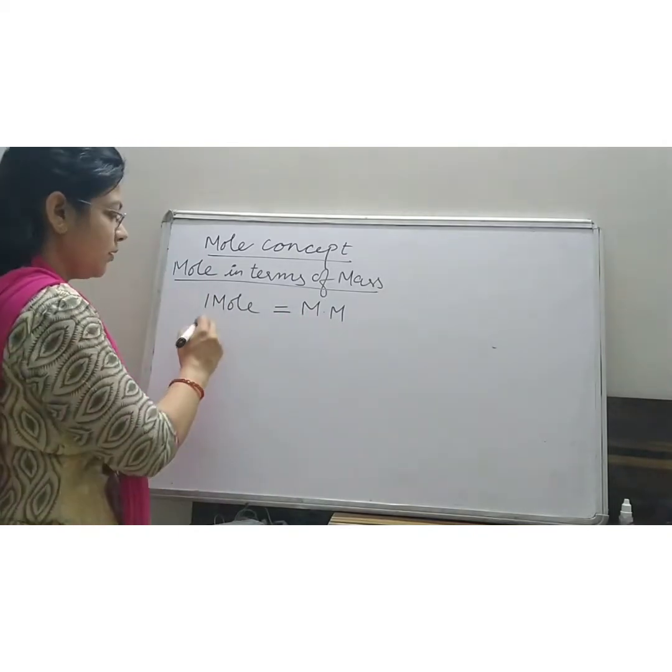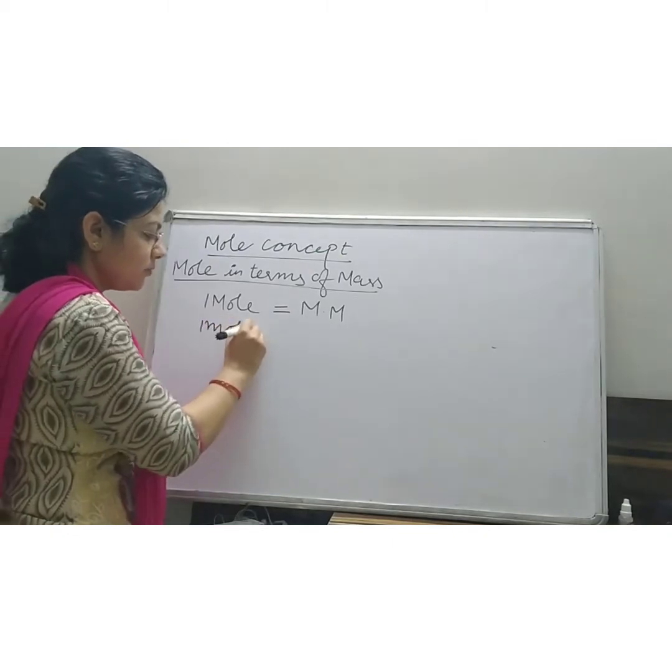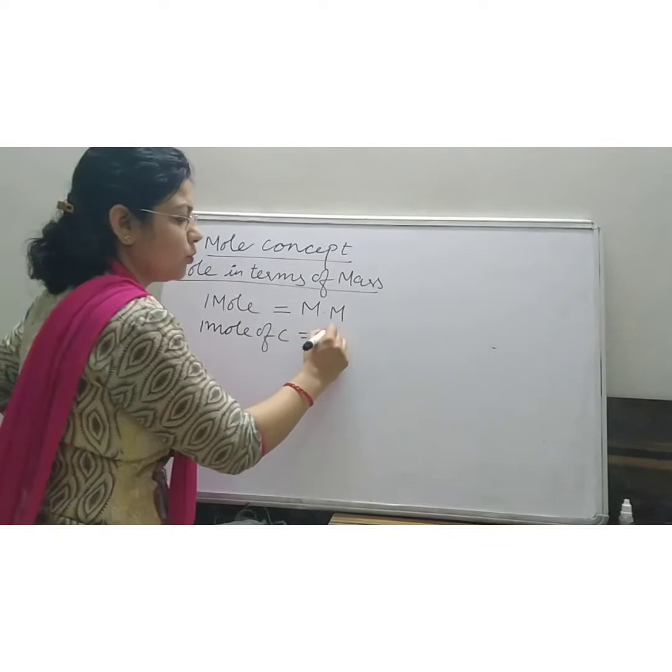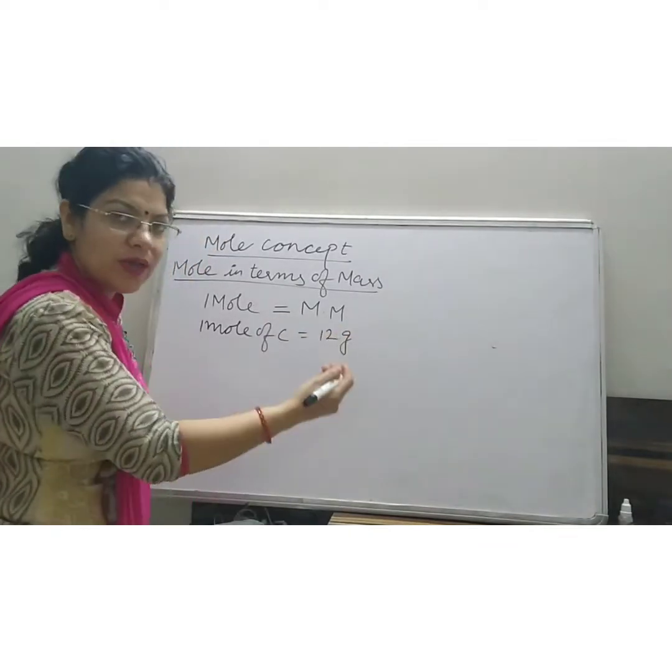For example, 1 mole of carbon is equal to 12 grams. Why 12 grams?